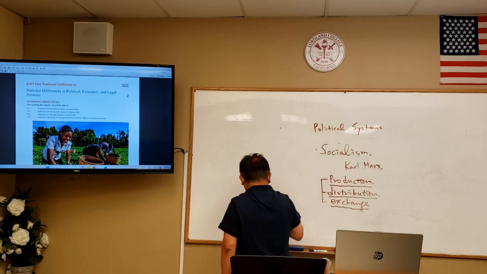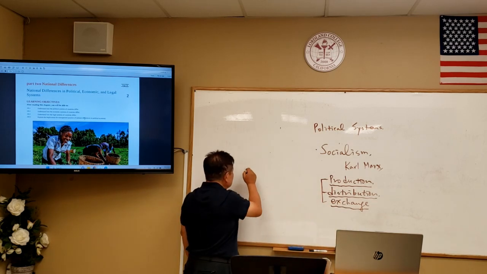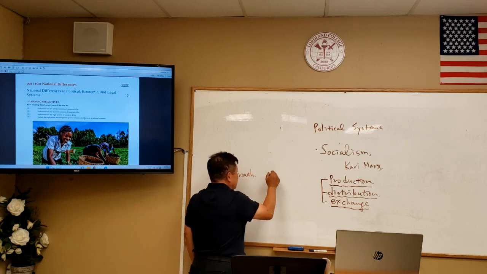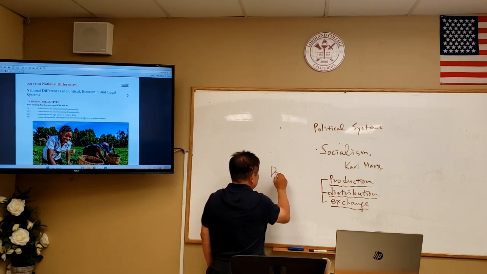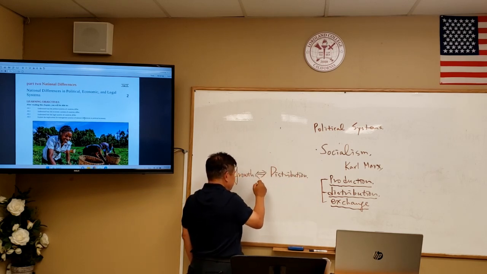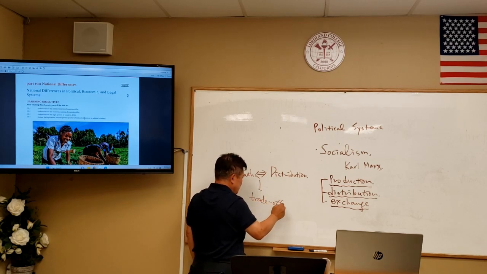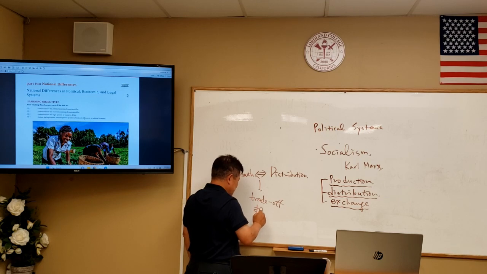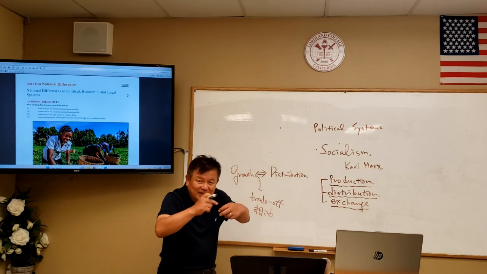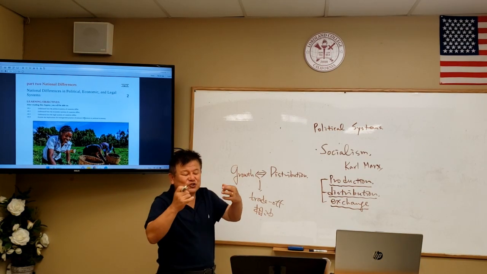Okay. Now two things: growth and distribution. They are also related by a trade-off. Trade-off means fighting and some issues there.